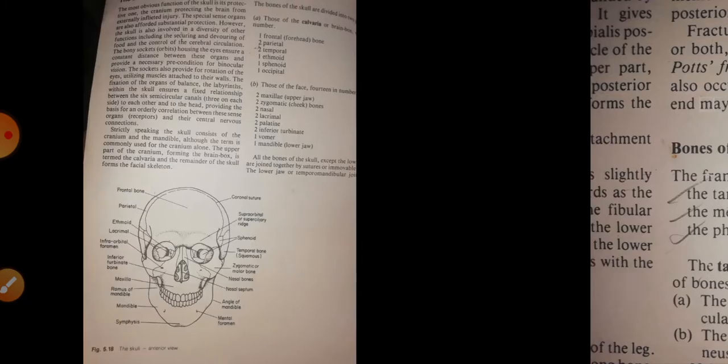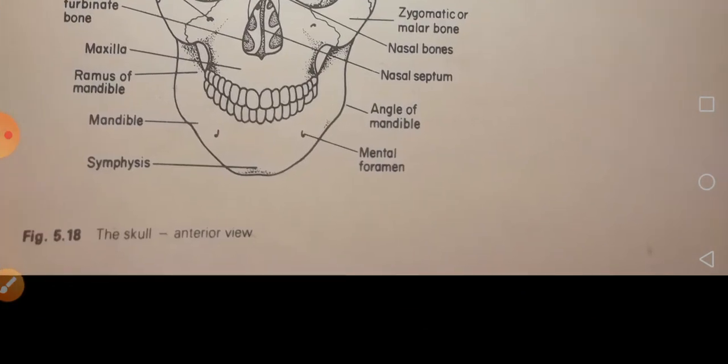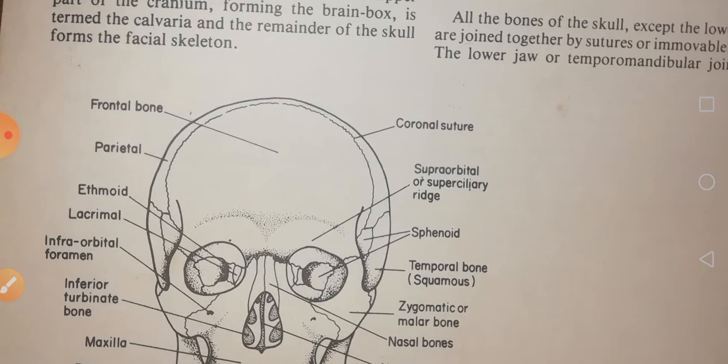Just next one is the skull. These are the parts of the skull. This is the parietal, frontal. Starting from the forehead, this is the frontal bone. Next parietal bones, ethmoid, lacrimal, infraorbital foramen. Coronal sutures: sutures are a zigzag manner, and with the help of the sutures, they divide the bones of the skull.